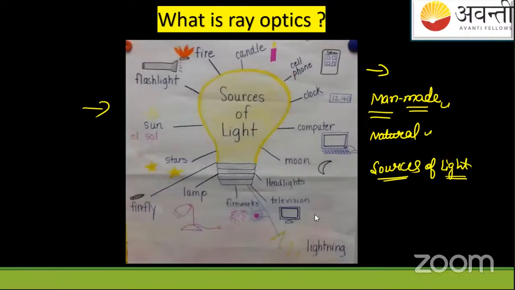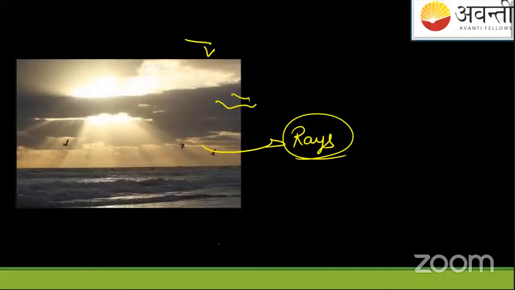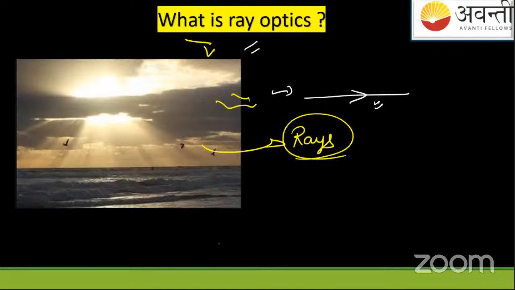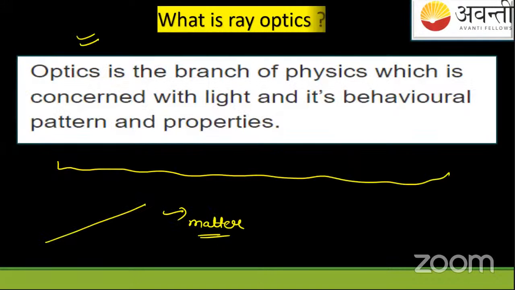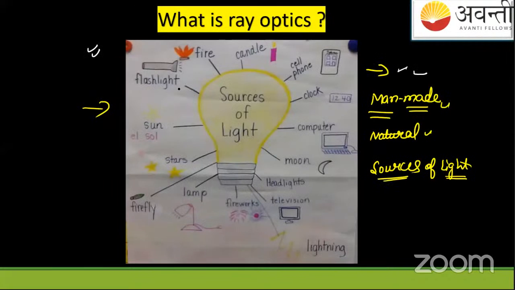So from this we concluded many things, that some things are known as sources of light. Then we've seen that rays are a straight line in the direction of the light. Then we studied optics, which is a branch of physics. In the beginning I told you that optics is not just ray optics.